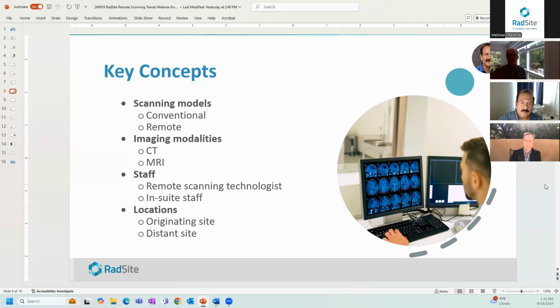And as far as staff goes, typically what is remote is an experienced technologist, supplemented by other staff members in suite, a variety of personnel, and we'll talk about that. And then we talk about the location being the originating site, on site with the patient, and then the distant site. So next slide, please.